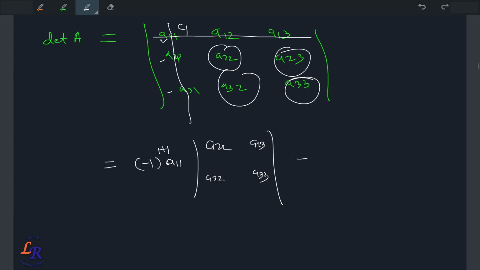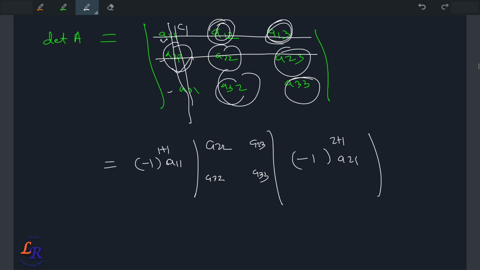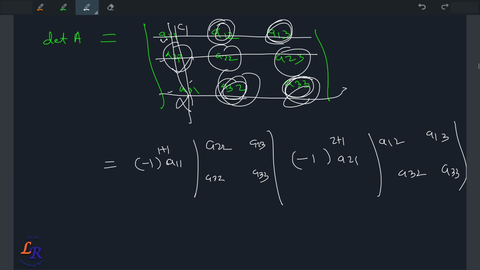And then again I will take a minus 1, and now the second element of this column is A21. So this will be minus 1 to the power 2 plus 1, and here write A21, and for the remaining elements I leave this row and this column.